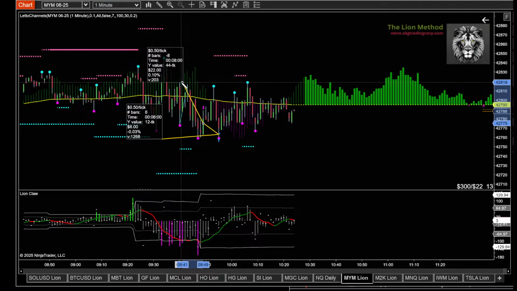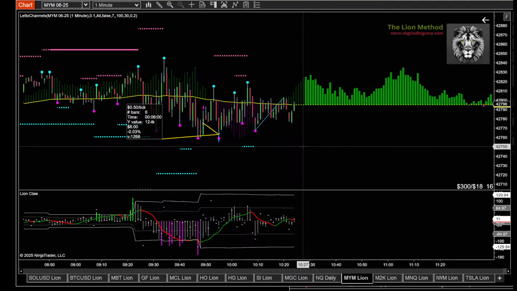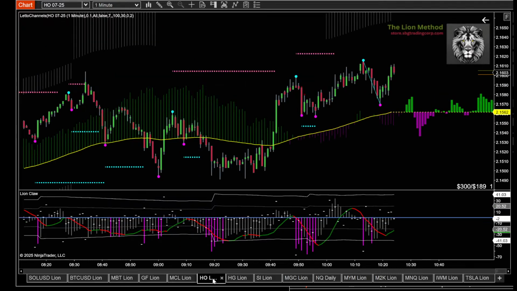That was 44 ticks to make 12. So almost a quarter. No, less than a quarter. 12 divided by 44, guys. Where's my brain at? I need my calculator. 0.27 R. So technically we're at 1.27 R. That's all I traded, right?